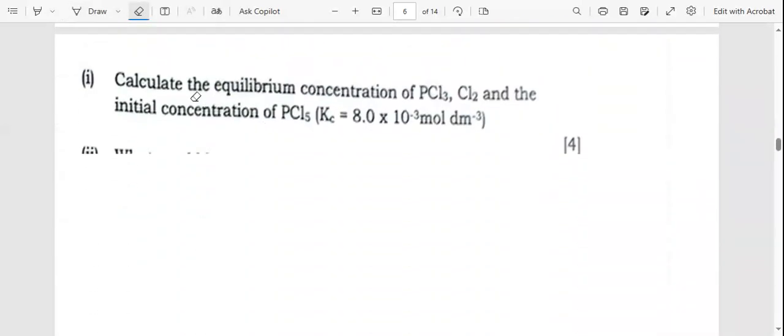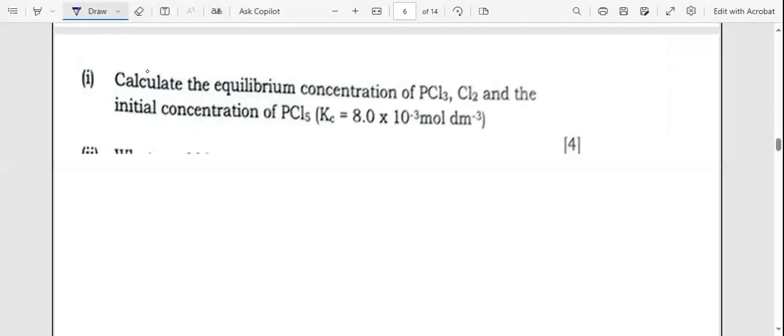Here is now another question. Calculate the equilibrium concentration of trichlorophosphorus, dissociating into chloride, and the initial concentration of pentachloride is this one. Here we would have used the IC table, but I'm seeing some data missing. Calculate the equilibrium concentration of this one dissociating.